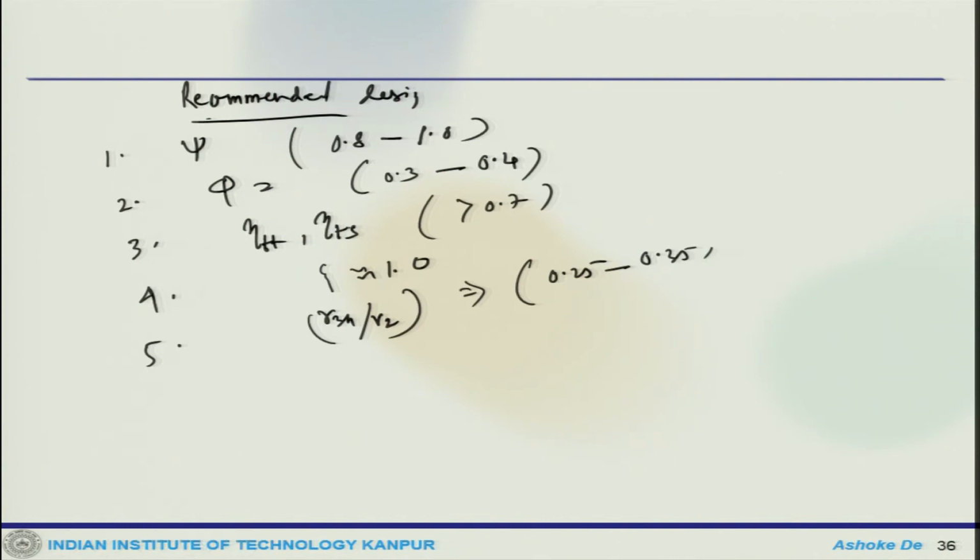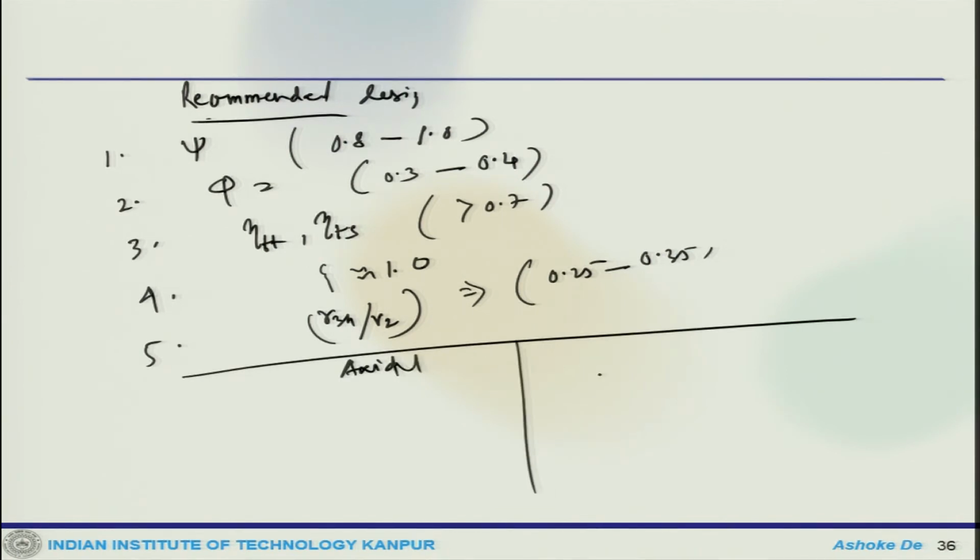And now, finally, if you compare both the axial and radial, a quick comparison: the axial one is used for large engines, this is used for small engines. Axial is for large mass flow rates, this is for small mass flow rates.